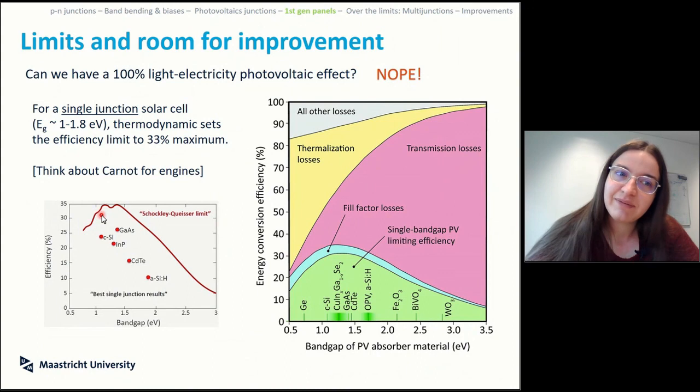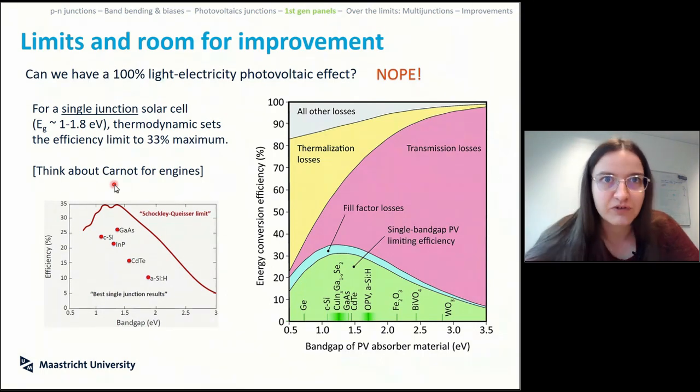You can try to push from this nice 20 all the way up, but there is a very sharp limit after which you won't be able to go higher. This is something that you need to consider. You need to be honest with yourself and know that there is a limit over which your solar cell is not going to be as efficient as you want. In the next part, we're going to discuss how we actually get to these limits, so what are the possible contributions to this game that you have here, because we talked quickly about some of these things, but we can actually visualize it better.